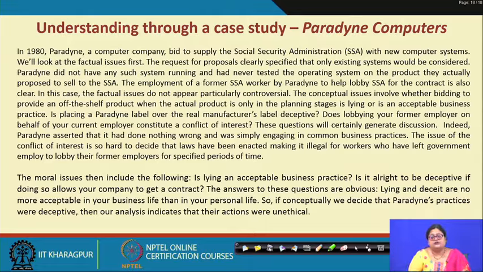So we'll look at the factual issue first. The request for proposals clearly specified that only existing systems would be considered. Paradigm did not have any such system running and had never tested the operating system on the product they actually proposed to sell to the SSA.